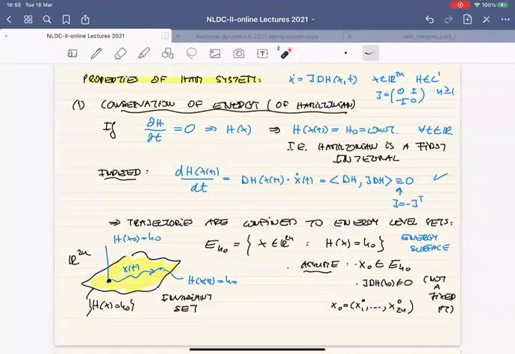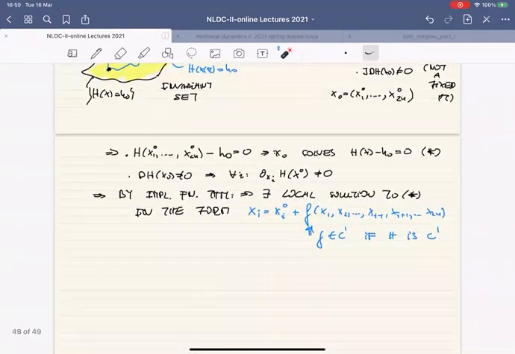C1 means continuously differentiable. And it's the reason why I want the derivative not just to exist but to be continuous as well, because I want reasonable solution properties for this equation. And at least, in fact, I would need that the derivative is Lipschitz to have local unique solutions.